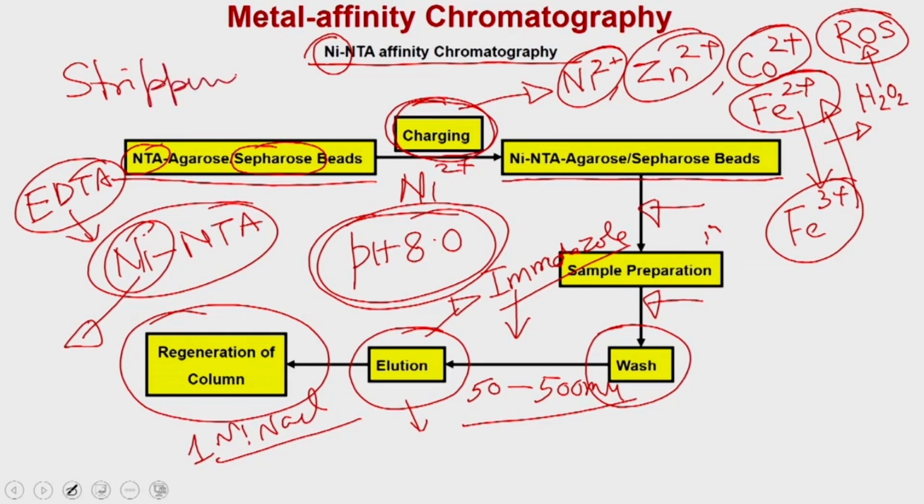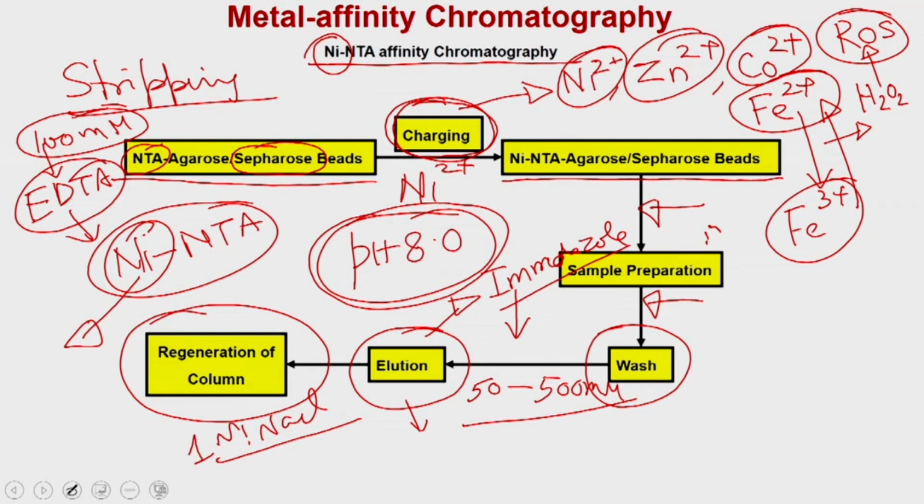How to do the stripping is that you flow at least 100 millimolar EDTA, which is going to remove a large quantity of nickel from the column, and then you can wash the column with water so that the EDTA is removed, and then you can do the next round of the charging step.